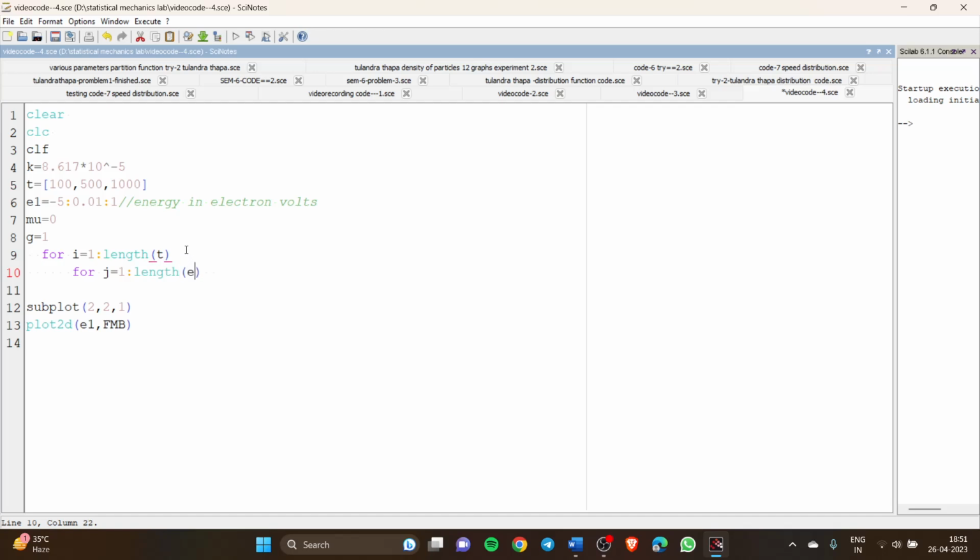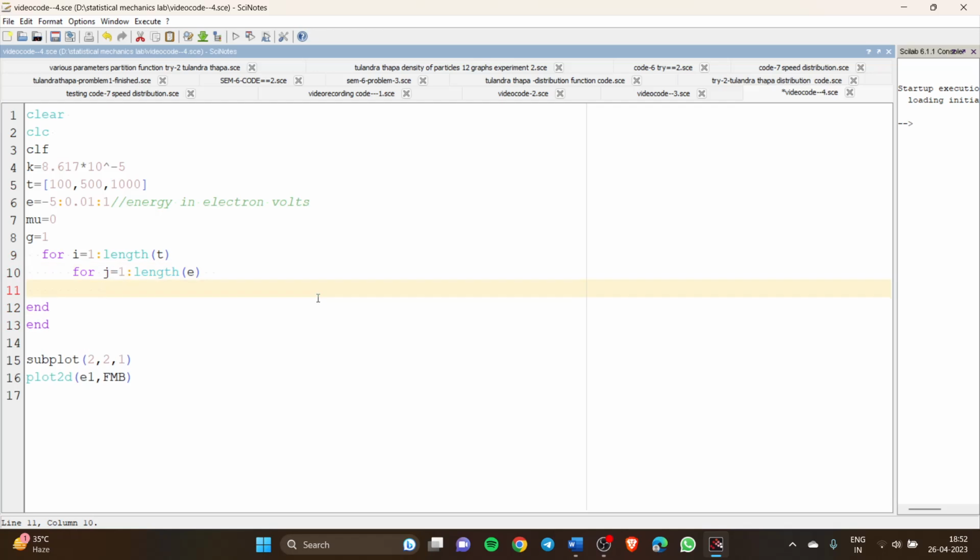We can simply take E also, where E is in electron volts, so I will take E. Now we simply have to put the formulas, and we have to put two ends also. I put one end for the first loop and a second end for the second loop. Now I can simply put the formulas.